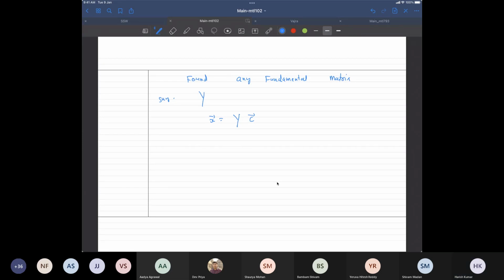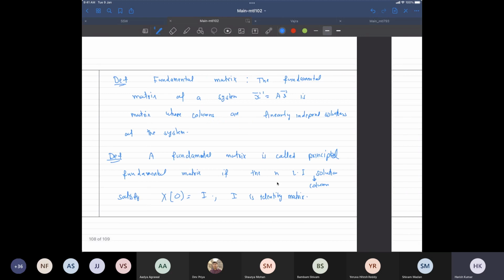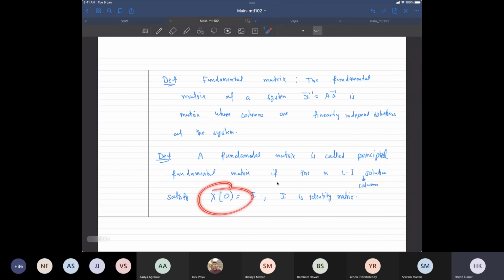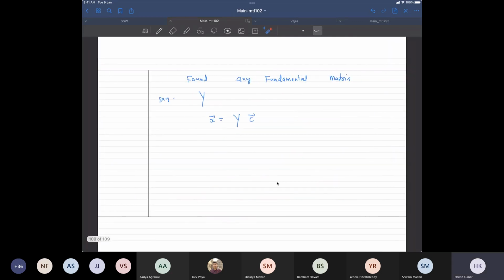Yes? Yes, sir. Okay. Now, from Y we can get this principal fundamental matrix X such that it satisfies a particular set of initial conditions. How? We will solve it in such a way that, note that these C's are uniquely determined by the given initial condition.